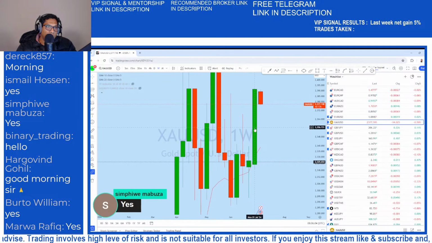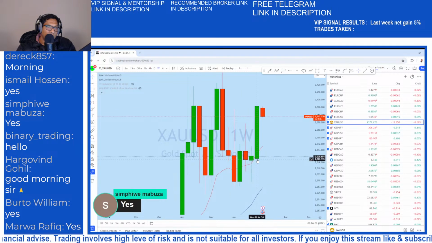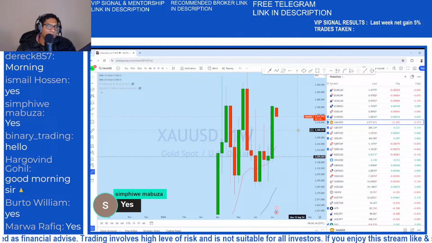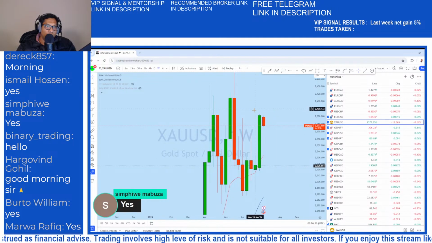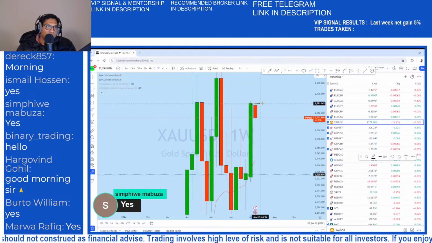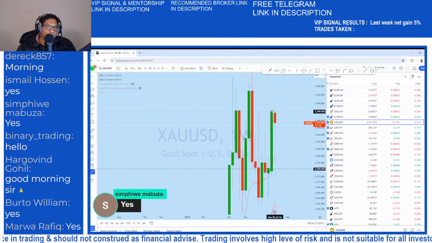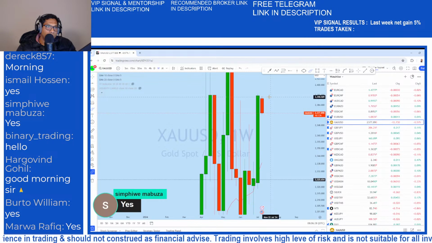It's a massive bullish engulfer from the weekly on gold, and with this strong bullish engulfer, this week we have seen the market just open with a narrow gap here. A very narrow gap opening from the weekly perspective.